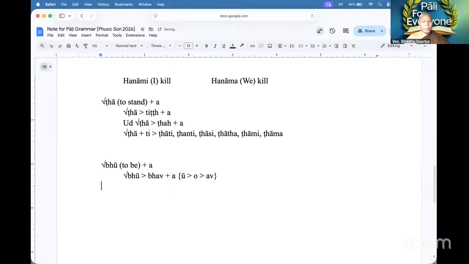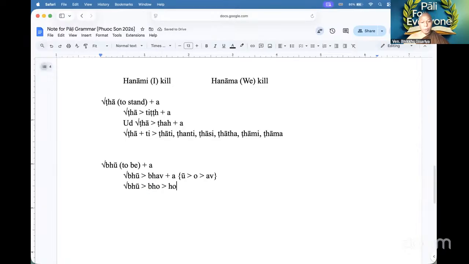But if we don't use the conjugation sign a, root bhū becomes bho and then ho, so without it this part becomes silent.